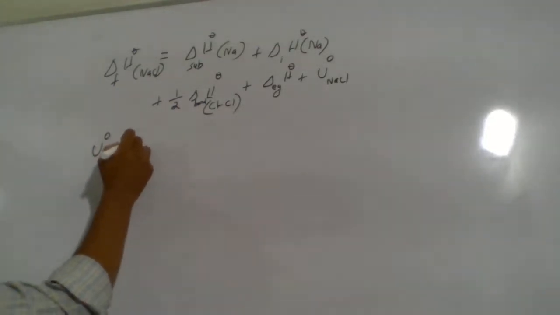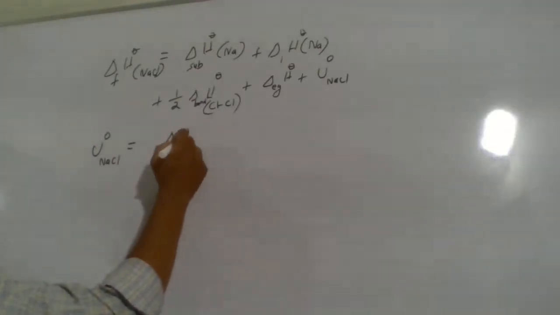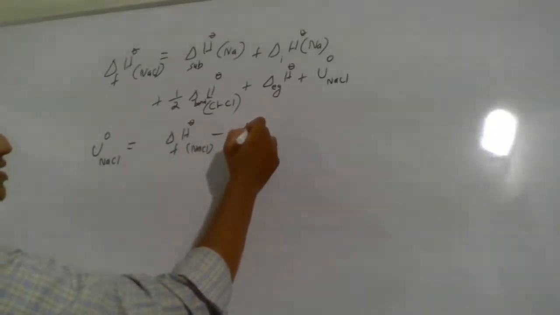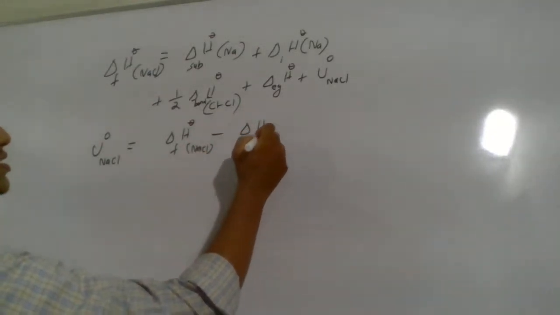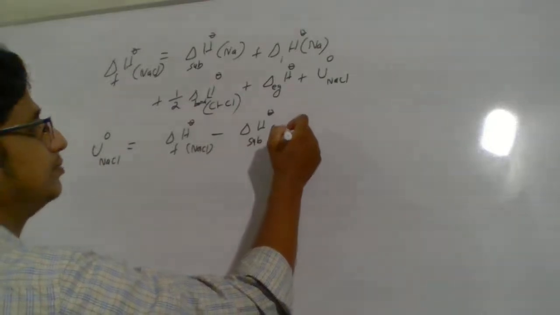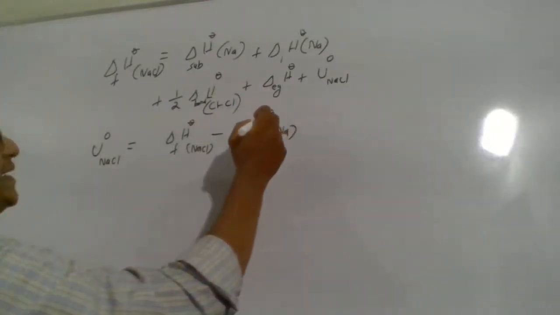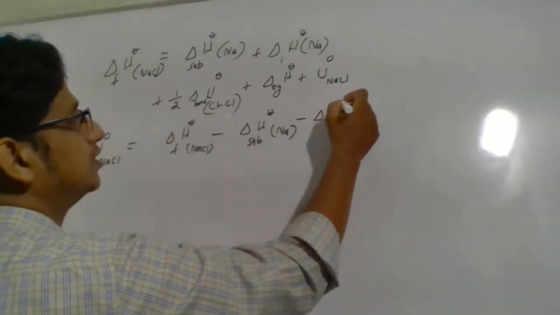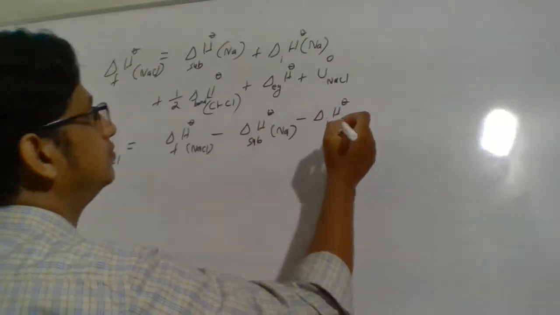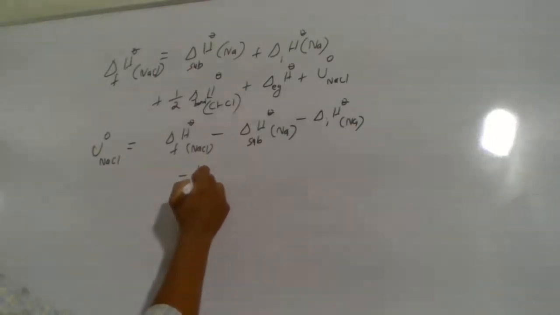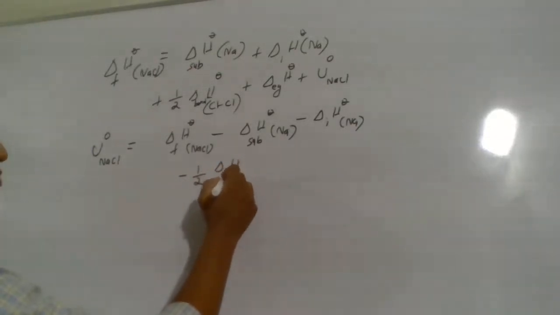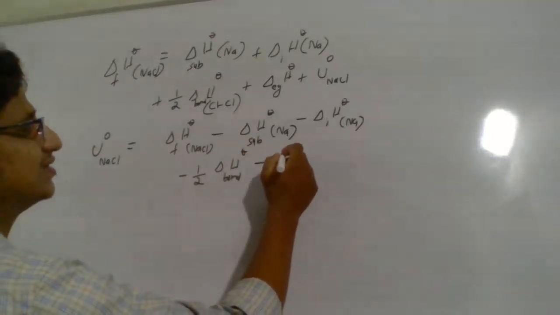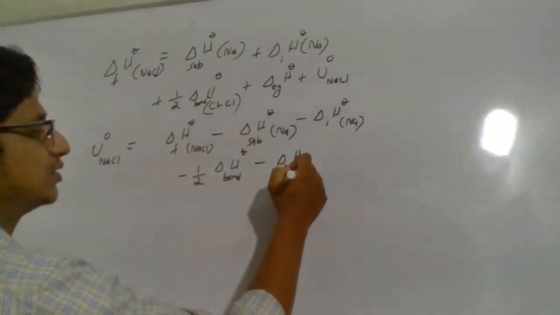Lattice enthalpy of NaCl will be equal to delta H of NaCl minus delta H sublimation of sodium minus delta H ionization of sodium minus half delta H bond dissociation enthalpy of chlorine minus delta H electron gain enthalpy.